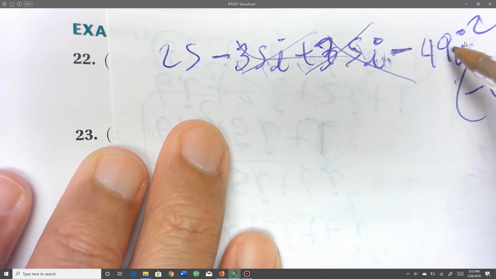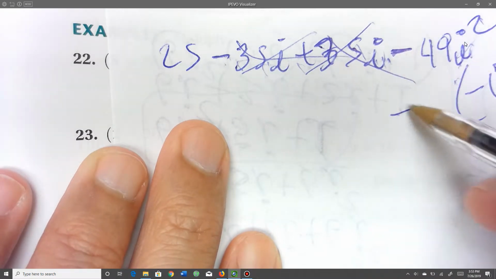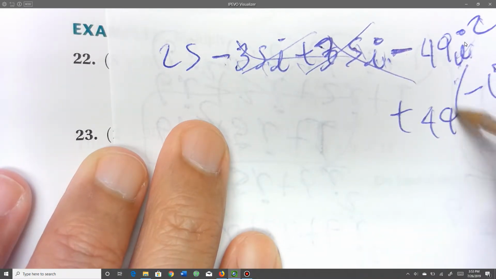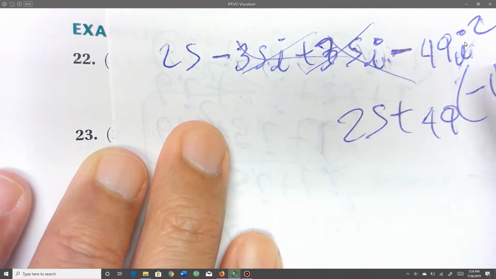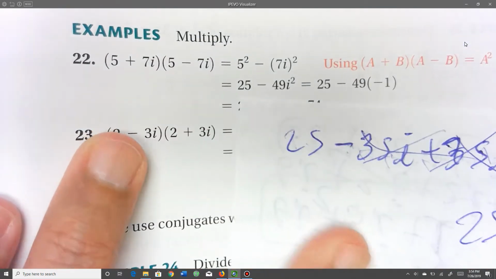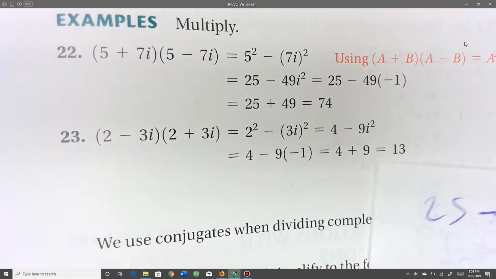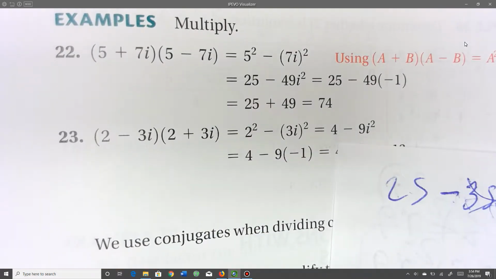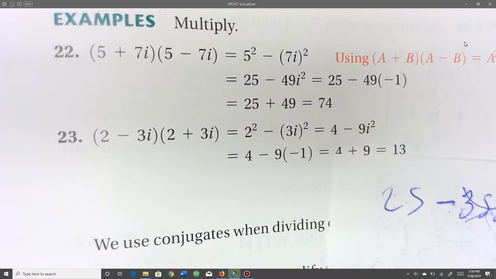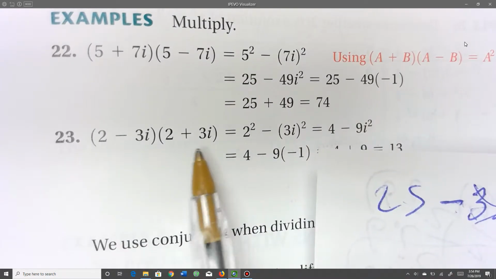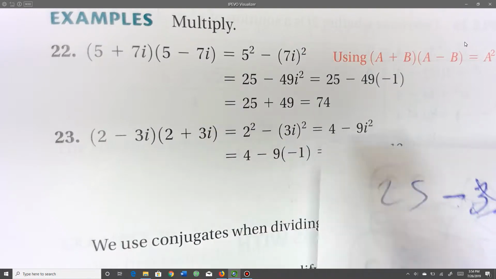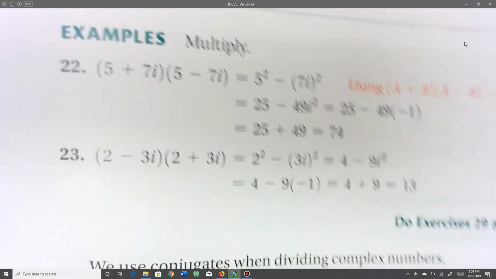Negative 1 times negative 49 is a positive 49. Rewrite 25 from here, add them together, and that should give us 74. I'm not going to work this one out because I want to work out the real deal here.